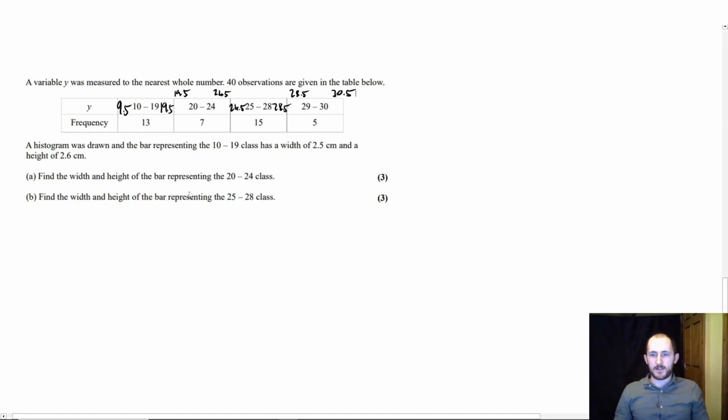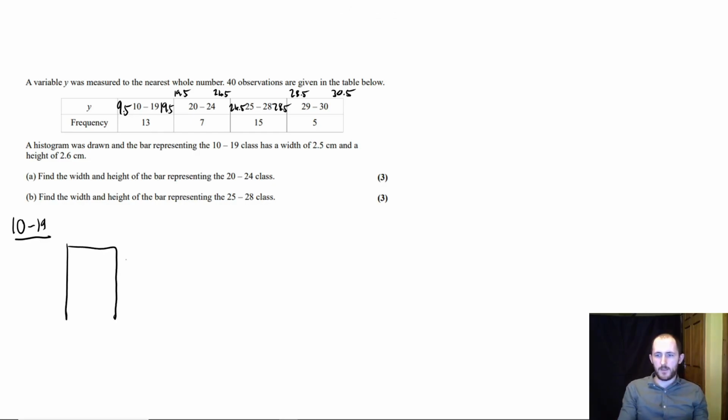And once again we have a very similar thing. So the 10 to 19 class, let's just do this. And this question gives us a little bit more practice on doing this. So what it should be, and then what it is, has a width of 2.5 and has a height of 2.6.